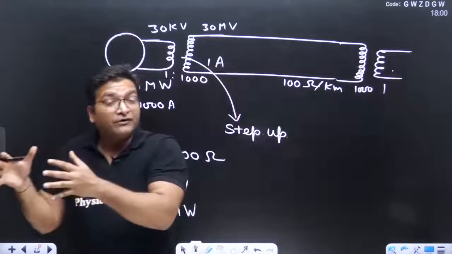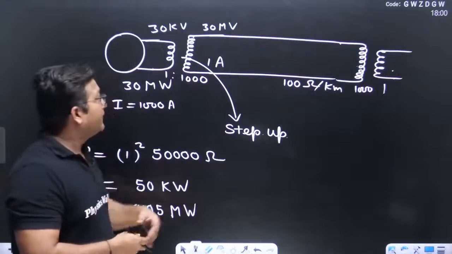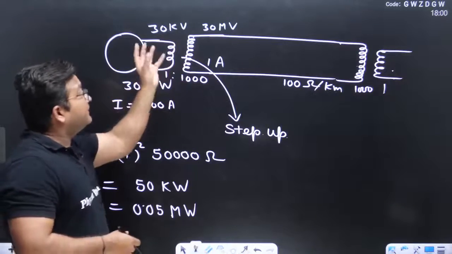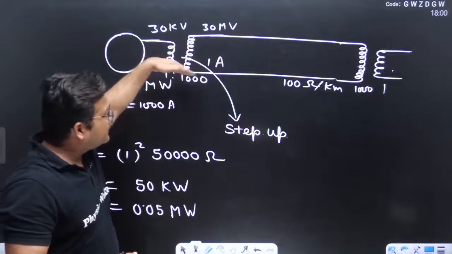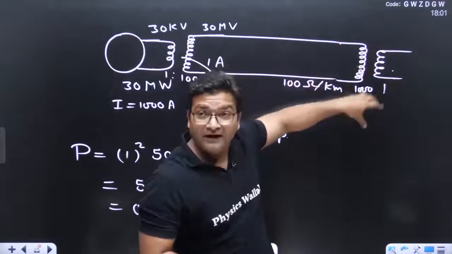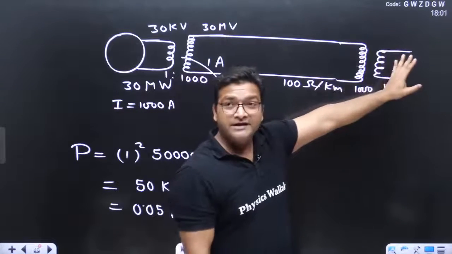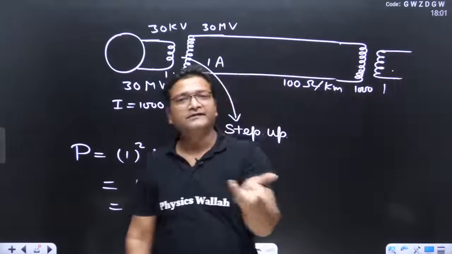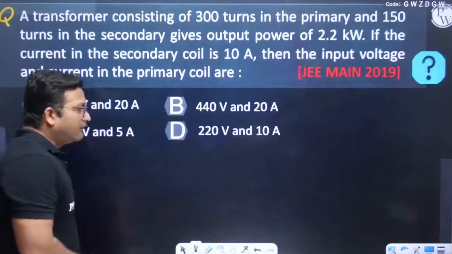If we have to transmit electricity over a large range, two transformers are applied. First at the generating side, that increases the voltage and decreases current. Then this decreased current is transmitted, and then at the user end where we consume electricity, again we use a transformer to decrease voltage and increase the current again because current is needed. So that was the advantage of transformer.